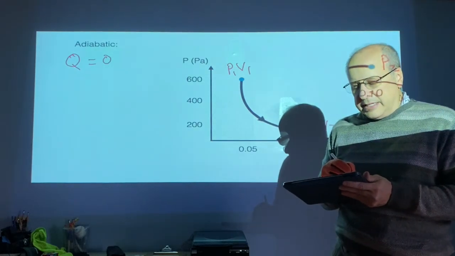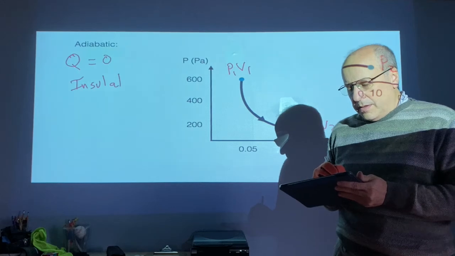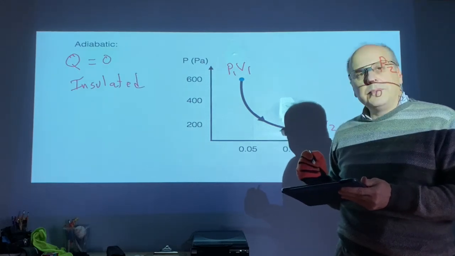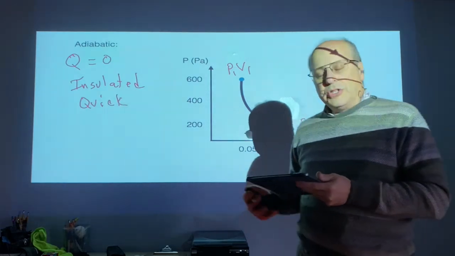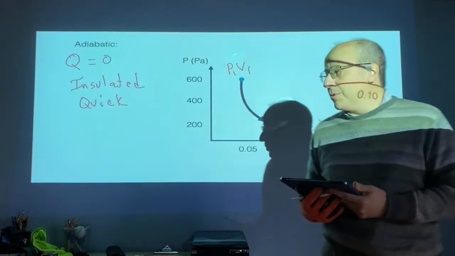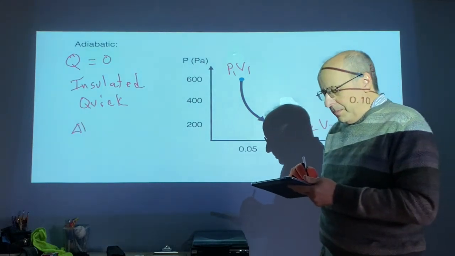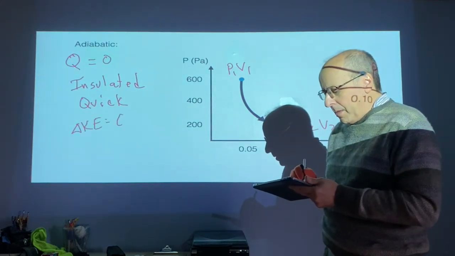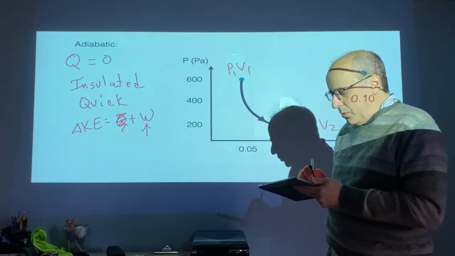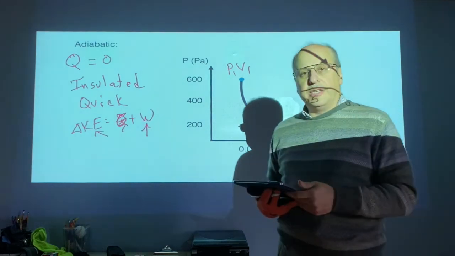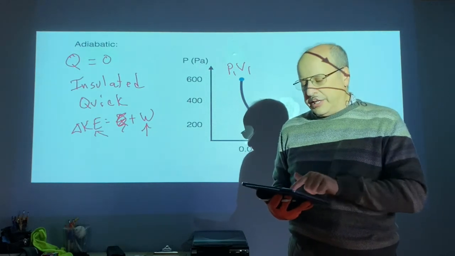If no heat gets in or out, it could mean that it's an insulated system, or it can happen so quick that there's not time for heat to escape through the walls of the container. Since Q equals 0, any work that goes in will turn into kinetic energy. Whatever work you put in will turn into kinetic energy.